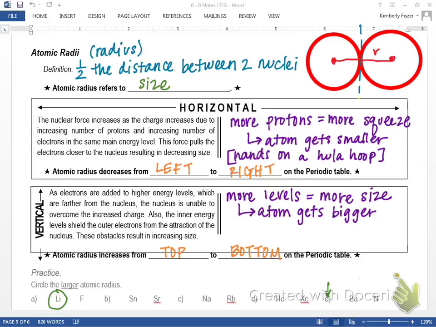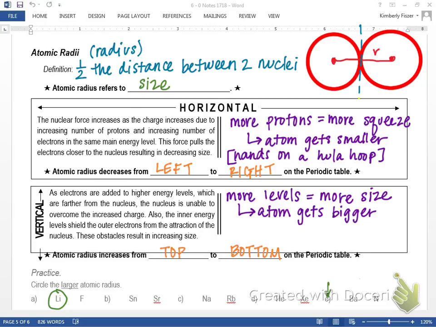If I put 1 finger on tin and 1 on strontium, what am I looking at? Side to side or up and down? Side to side. So am I looking for most protons or least protons? More protons makes it smaller. Least protons makes it bigger.